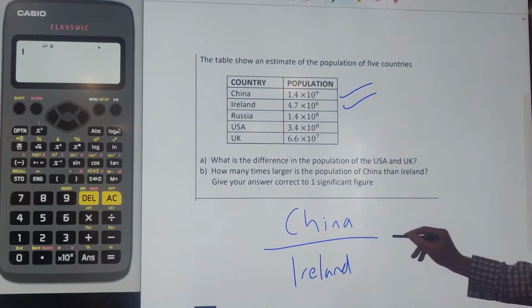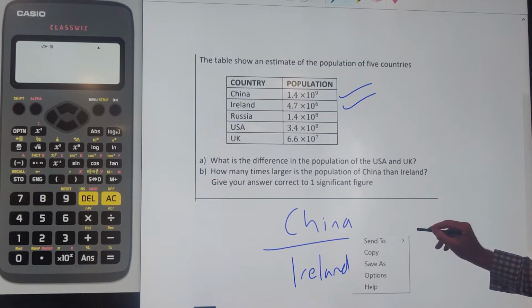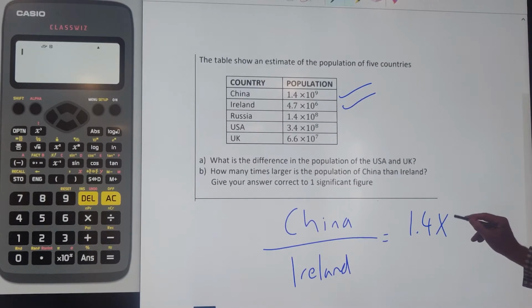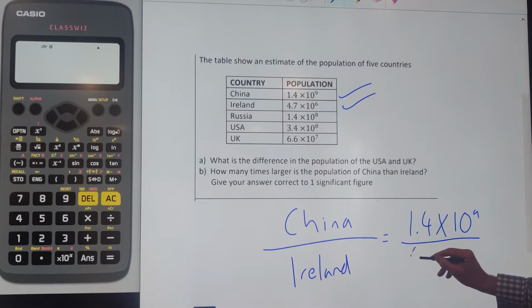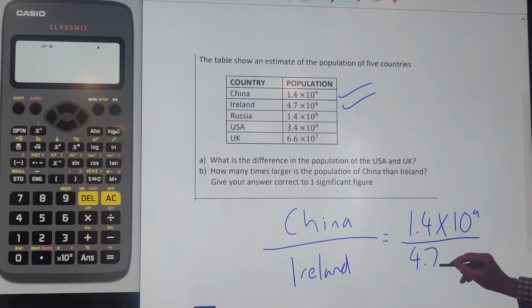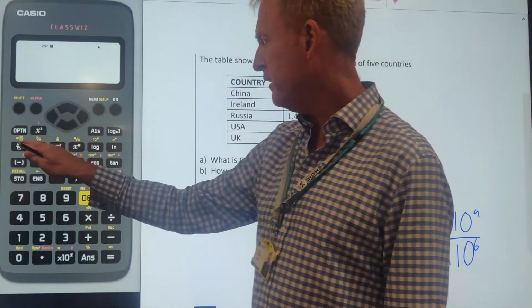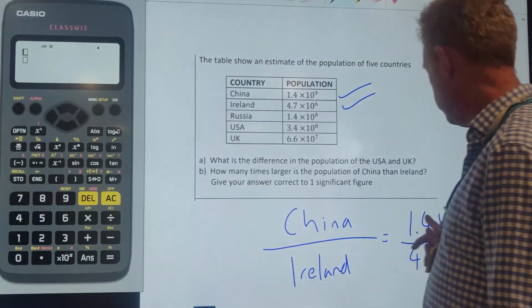Okay? So what I'm putting in my calculator this time is going to be 1.4 times 10 to the power of 9, and I'm dividing it by, or putting it over, 4.7 times 10 to the power of 6. So that's what I'll be putting in my calculator. Now don't forget I've got this fraction button up here, so I can use that for this question. I'm just going to write these numbers in.